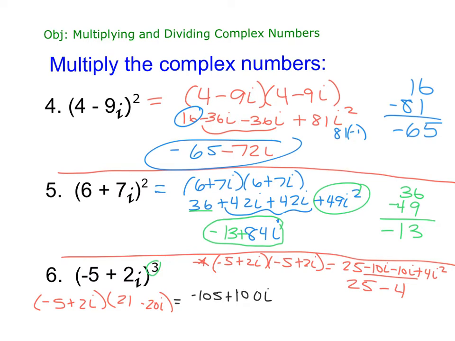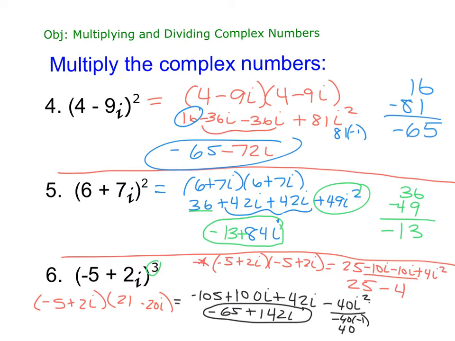Let's see, 42i minus 40i squared. So the middle term gives me 142i. And then this becomes negative 40 times negative 1, so positive 40, and negative 105 plus 40 is negative 65. I hope. Yeah, 65.